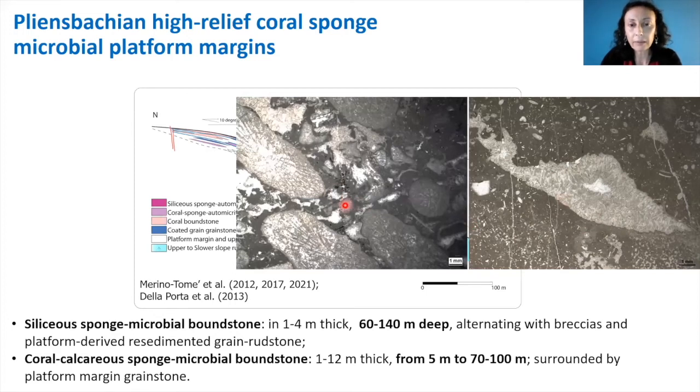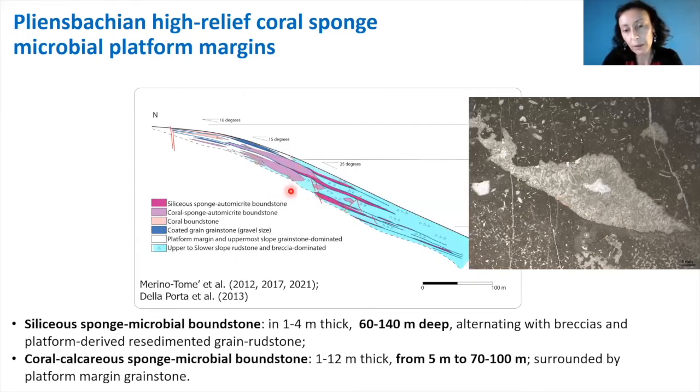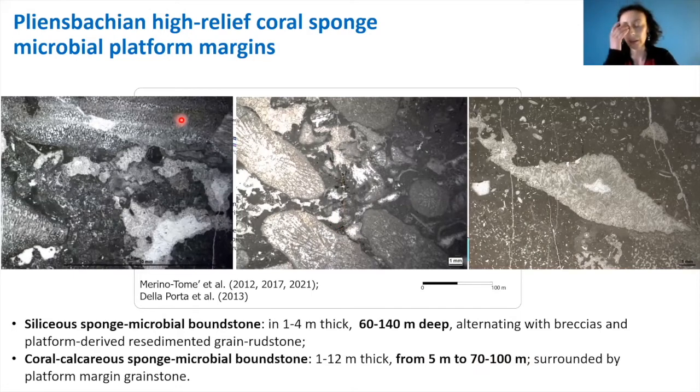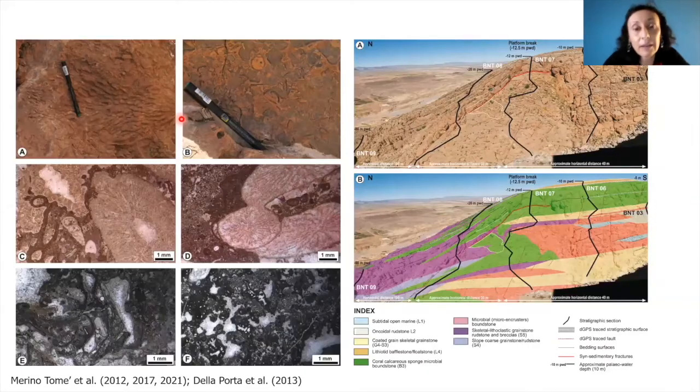In the upper part of the slope, between nearly 100 meters and 5 meters water depth, instead the corals develop, but they are surrounded by microbial precipitation and are associated with stromatoporoid sponges. And here is another example of the Jebel Bou Dahar coral microbial boundstone at the margin and on the upper slope, in some cases also associated with some microencrusters, Bacinella and Lithocodium, and microbialite in the outermost platform.